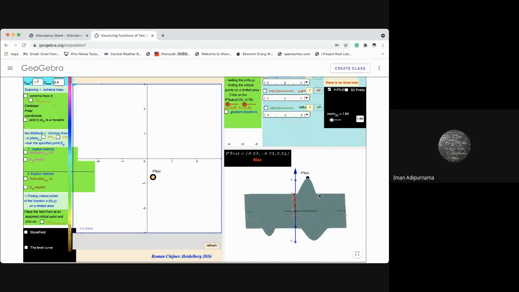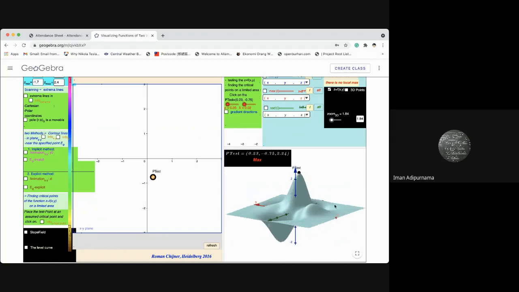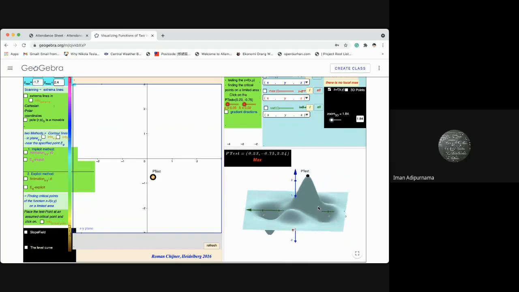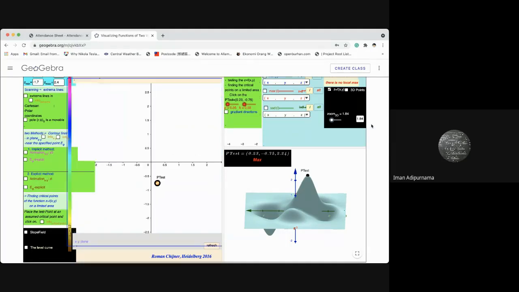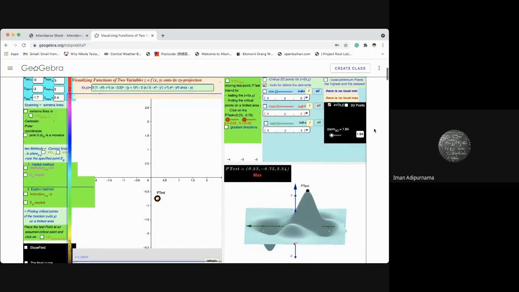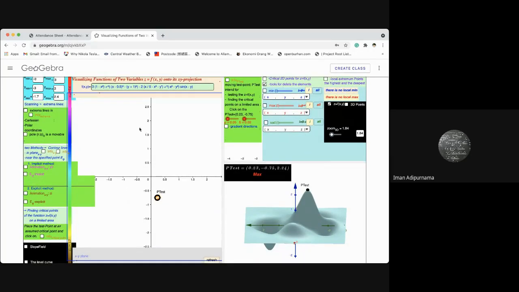It's beyond 0, right? Oh, it has all the parameters. Yeah, this is the function. It's quite complicated.